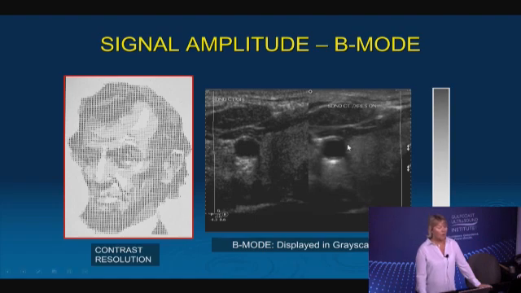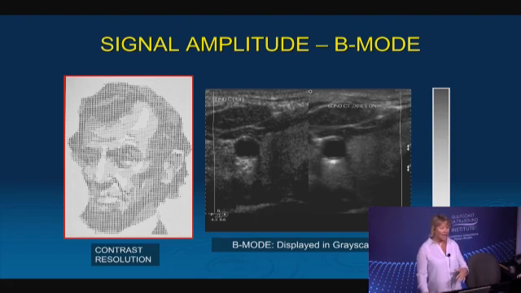So just to drive that point home, that's why I have a picture of Abraham Lincoln here. If I were to plot this picture out and only use 2 shades of gray, black and white, bistable, and ask you to tell me what that picture is of, you would only be able to say that's a picture of somebody's face.